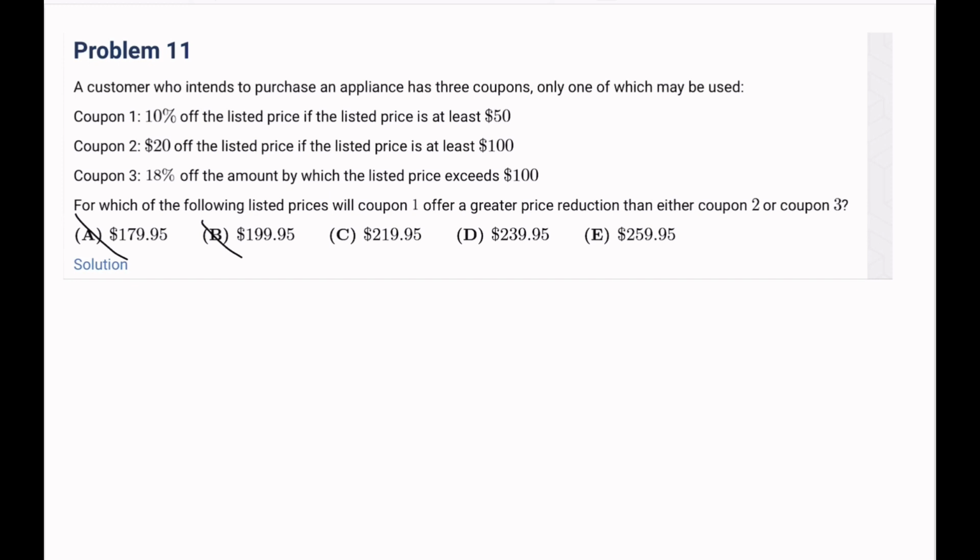And so the listed price has to be at least $200. That's why A and B are crossed off right away.